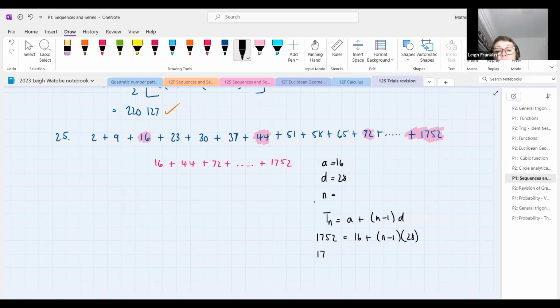So we get 1752 equals 16 plus 28n minus 28. I'm going to leave our 28n on this side, and on the other side, we're going to say 1752.